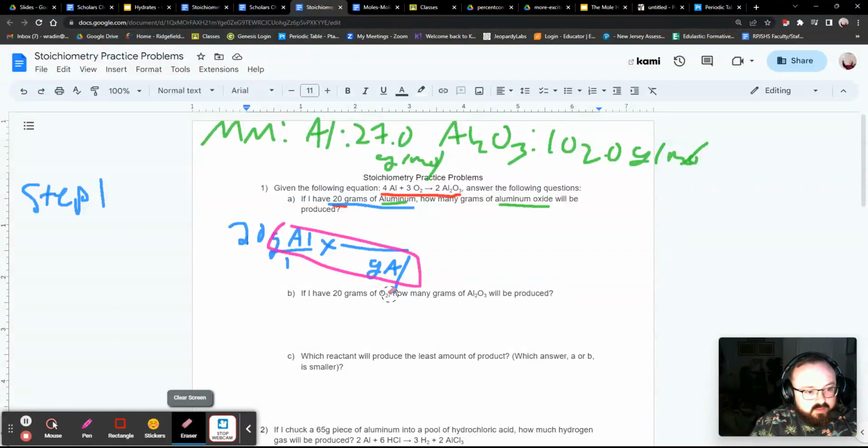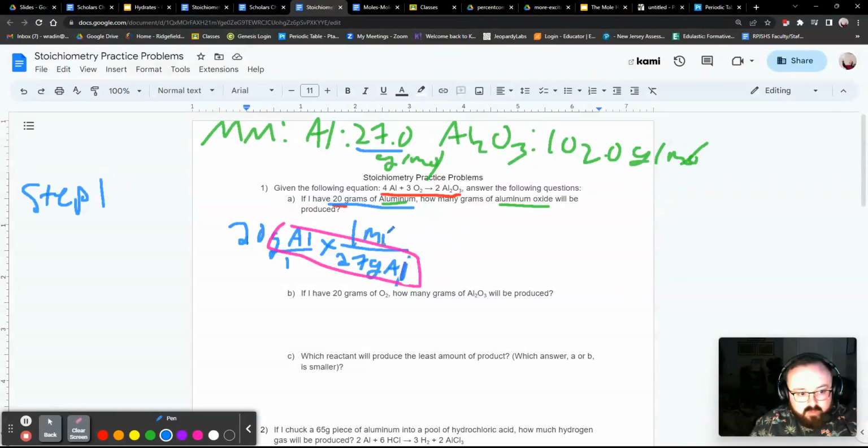And what goes here? My 27, which is glued to the grams, and 1 mole goes on top. 27 grams per 1 mole, 1 mole per 27 grams. Those are my equivalent statements.